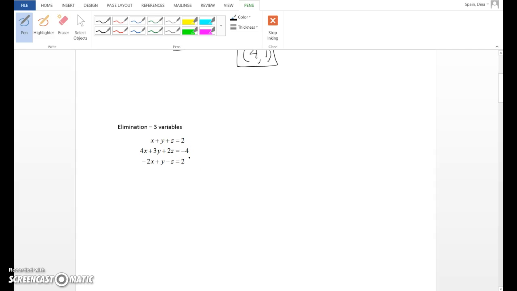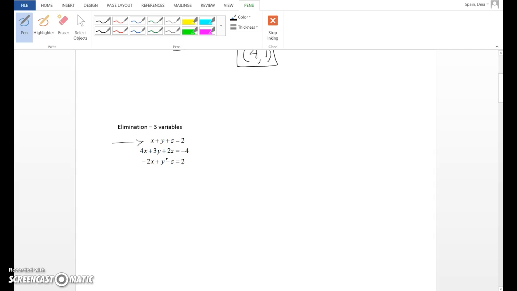Alright, so what you try to do is boil this down to a 2 by 2. You're going to pick sort of a control equation, and mine's going to be that first one. And what you're going to do is try to eliminate one variable out of the other 2, so it'll take it down to a 2 by 2 system.